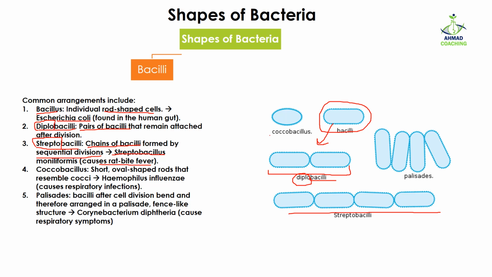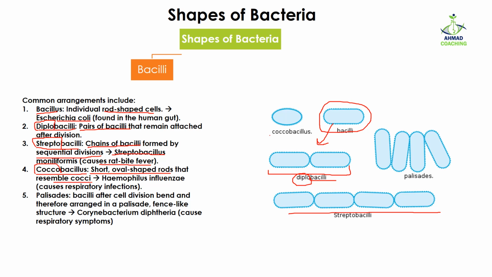Then comes the next arrangement of bacilli, which is known as Coccobacilli. Here cocco means oval shape. So the bacilli which are present in oval shape are known as Coccobacilli. They are short oval-shaped rods that resemble cocci, but they are not oval enough to be classified into cocci.